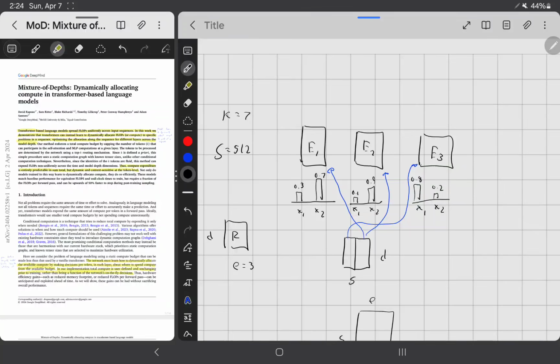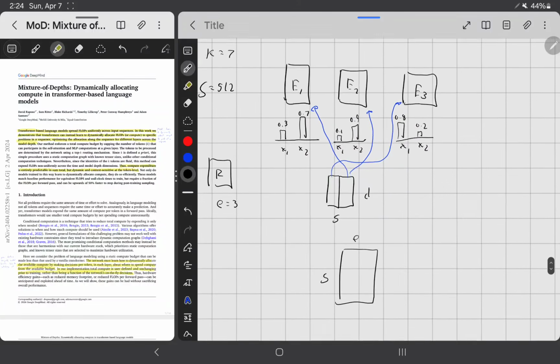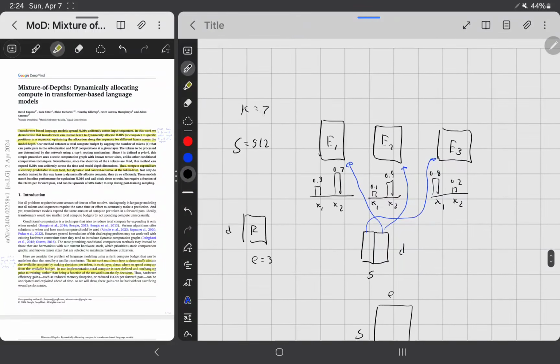However, the problem is tokens can be underutilized now. If K is equal to, say, 1, and we have 3 experts, then we can have at most 3 tokens being utilized, not 512 in our 512 sequence. This is an extreme case, but you can imagine that in some cases, the tokens may not be utilized at all, and that's a problem.